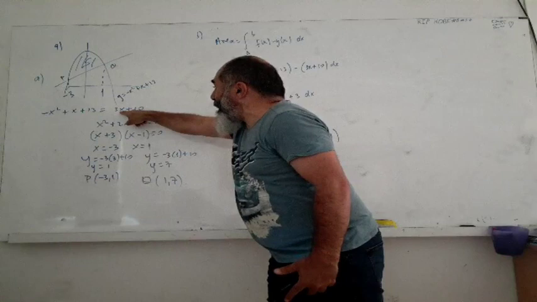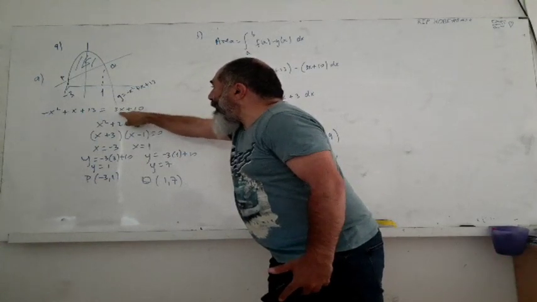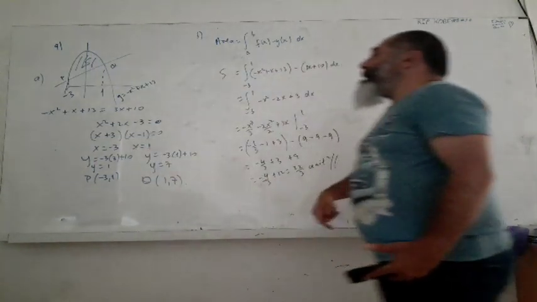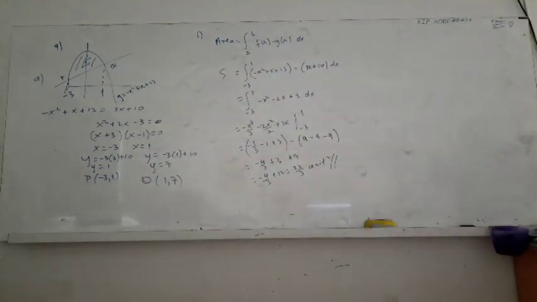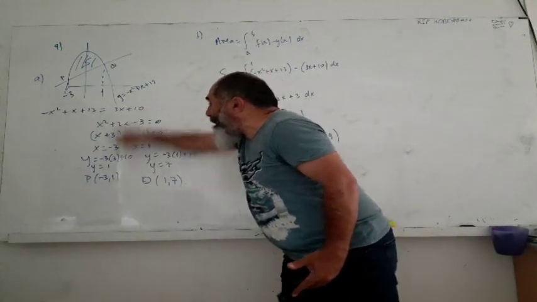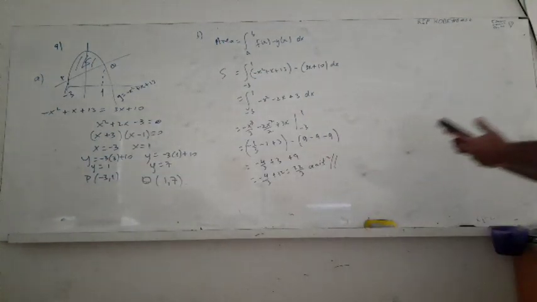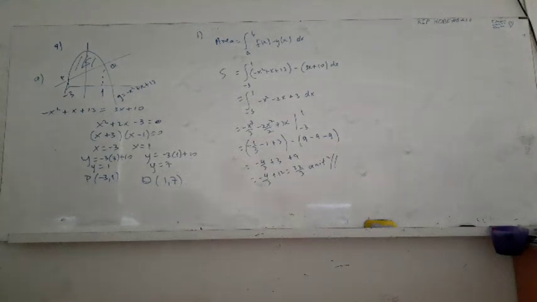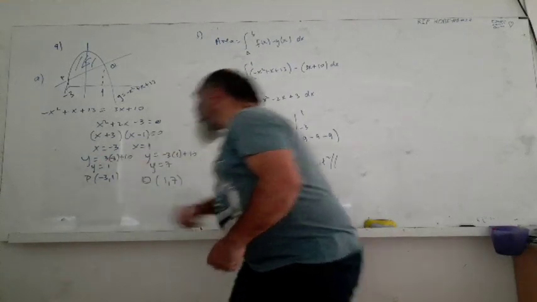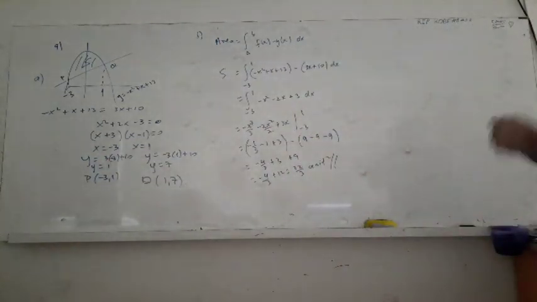Minus 3 times 3 is minus 9 plus 10, it is 1. What is the mistake? X is minus 3, that's why I write minus 3 there. Same thing. Nothing changes.